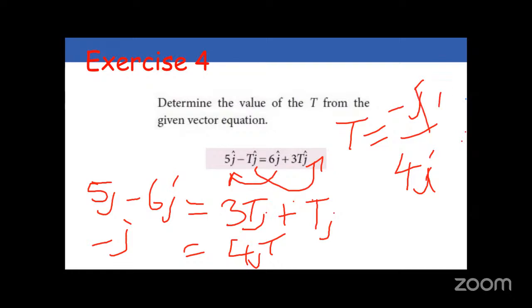I'm left here at the numerator with 1. So t becomes minus 1 over 4. That is our t.